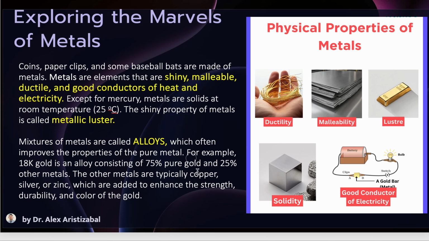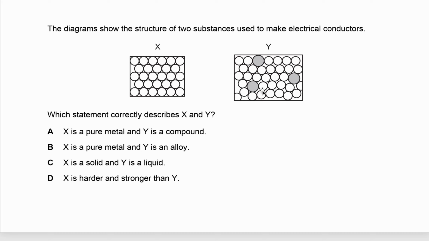And these other metals can be copper, silver, and zinc. And depending on the amount of these other metals, the concentration of gold decreases. But it's a mixture, and the mixture improves the properties of the metal. So here we can see that this can be another atom, it can be another metal that's been mixed, and then it forms an alloy. So in this case, this would be the correct answer.